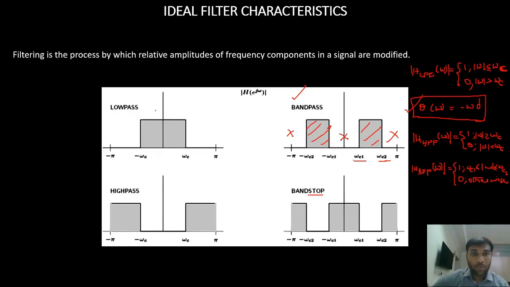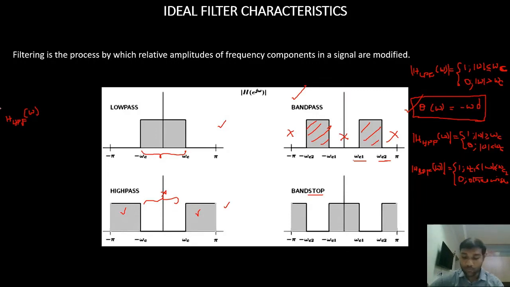So the low pass filter looks like this and the high pass filter looks like this. Whatever frequencies my low pass filter is allowing through, those frequencies are being rejected in the high pass filter. And whatever frequencies are rejected in the low pass filter, they are being accepted in the high pass filter. So how can we write H HPF of omega?